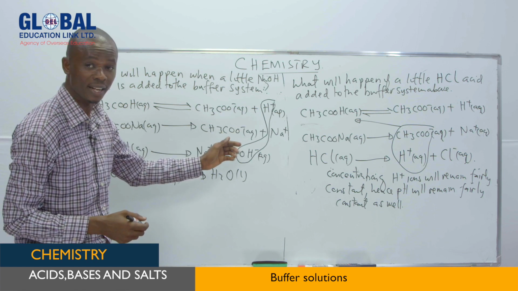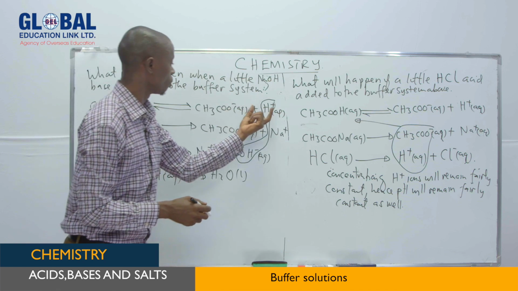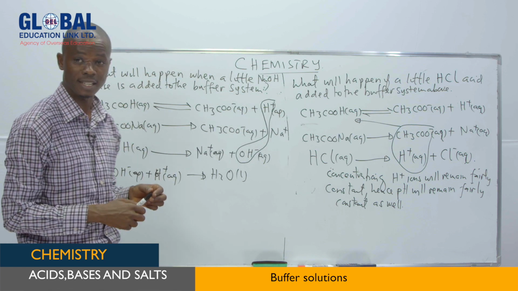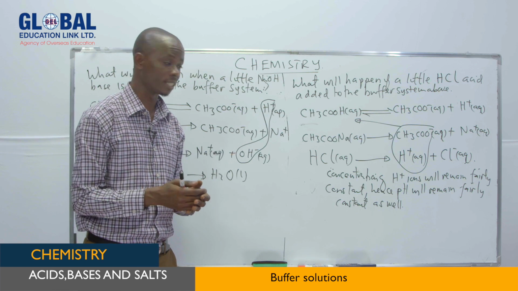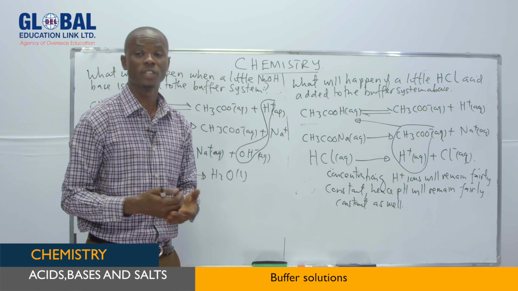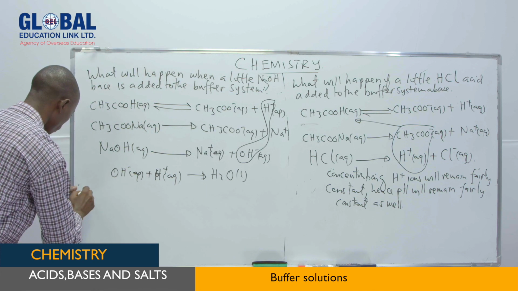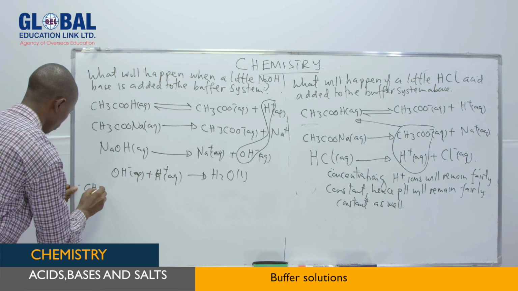So if that happens, therefore, the hydrogen ion released by this acetic acid will be fairly constant, and automatically the pH of the solution also will be constant.